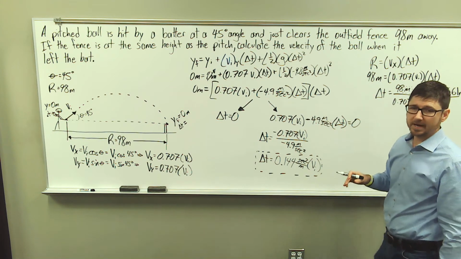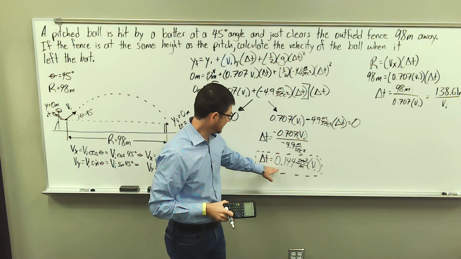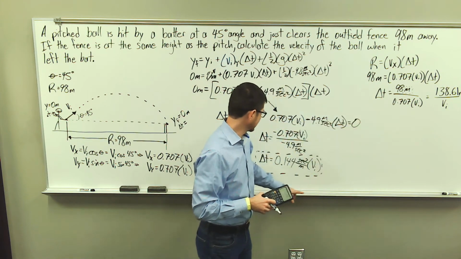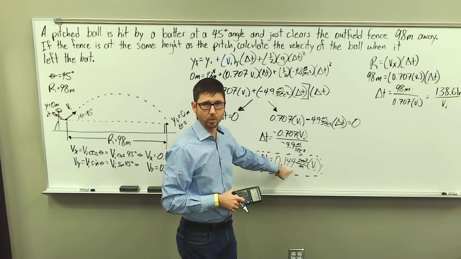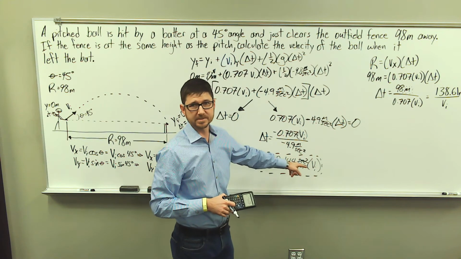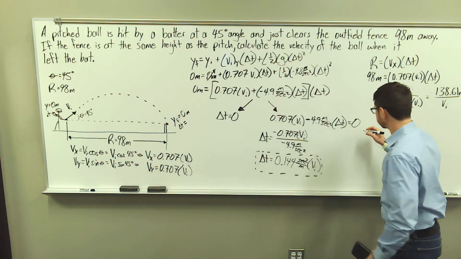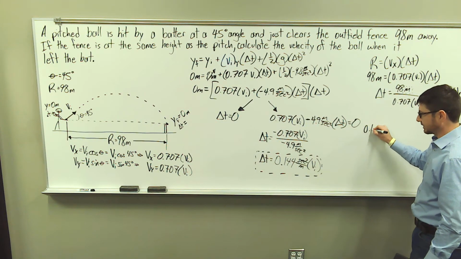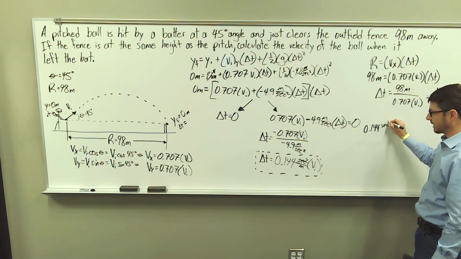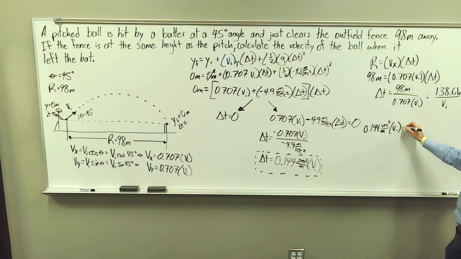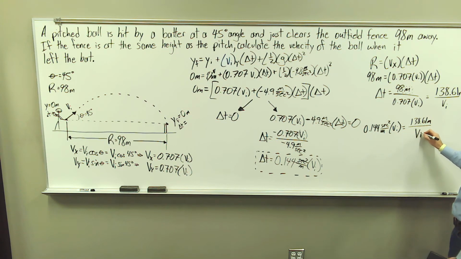So what we need to do right now is plug in this for delta t right over here, okay? So delta t is equal to 0.144 seconds squared per meter times the initial velocity of our object. So we have 0.144 seconds squared per meter multiplied by initial velocity is equal to 138.61 meters divided by initial velocity.